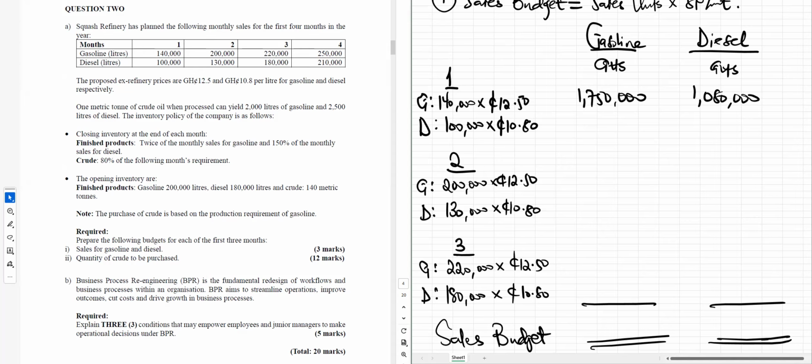It's 2.5 million. I hope gradually our minds are coming home. 220,000 by 12.5 is 2,750,000, right?